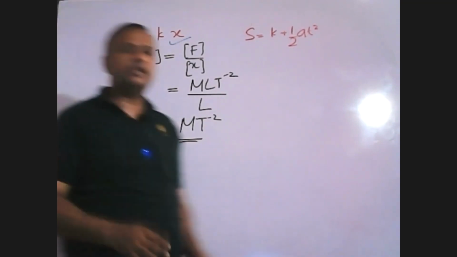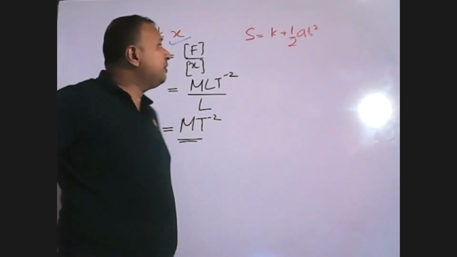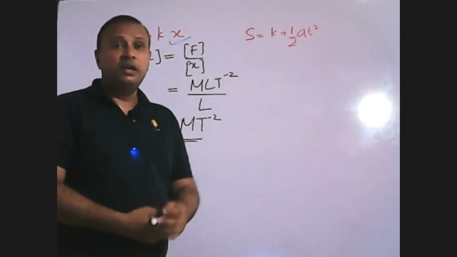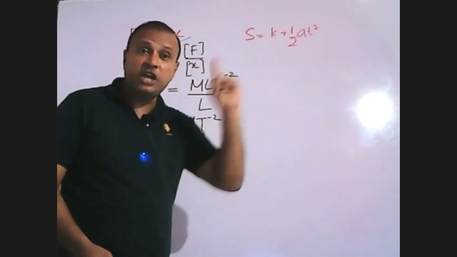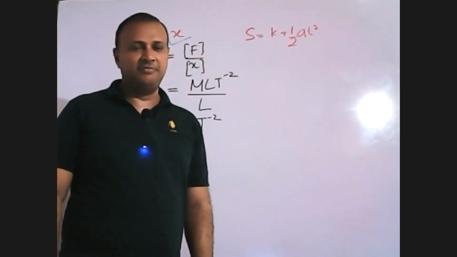Actually, there is a logic. You know, if this equation is dimensionally correct, and actually this is a dimensionally correct equation, each and every term should have the same dimension. You know that one.